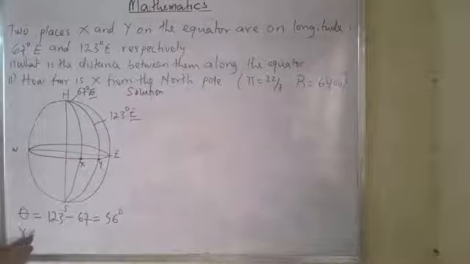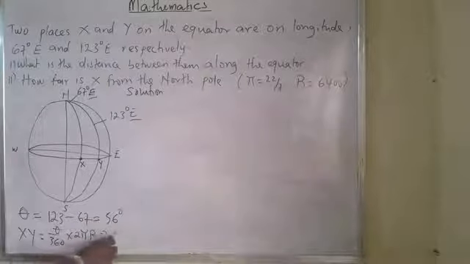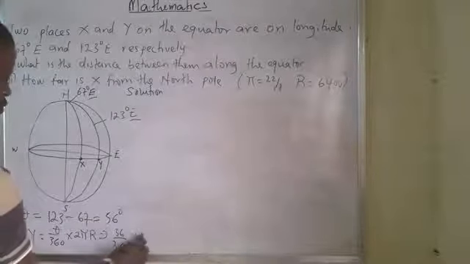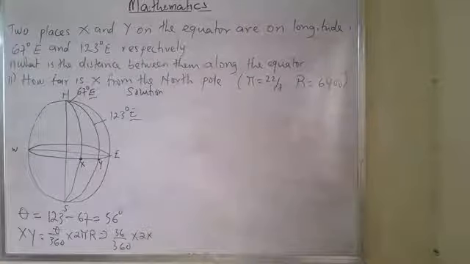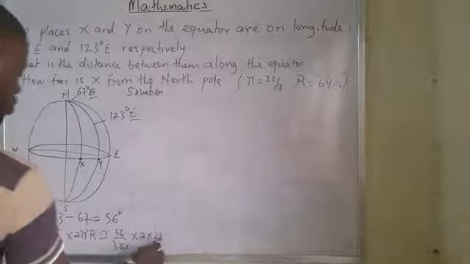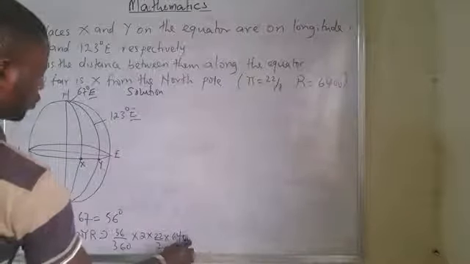Now, the distance XY will be equal to theta over 360 multiplied by 2 pi R, which implies 56 divided by 360 multiplied by 2 multiplied by 22 over 7 multiplied by 6,400.